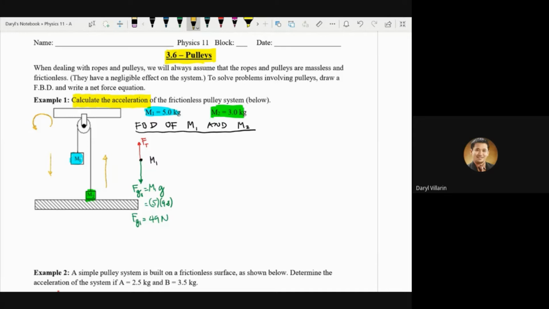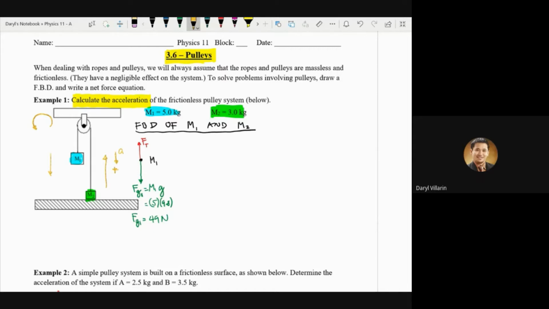So looking at this free body diagram here, I'm going to set my acceleration downward to be the positive value. So downward motion, which is counterclockwise, means that anything in that direction, I'm going to set as positive.